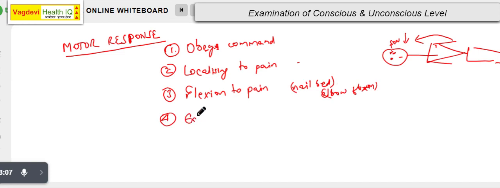Now come to our next, extension to pain, or I'll write it extending to pain. When can it happen? Any idea? Have you seen the patient? Same stimulus you are doing, you are putting pressure on the nail bed only.